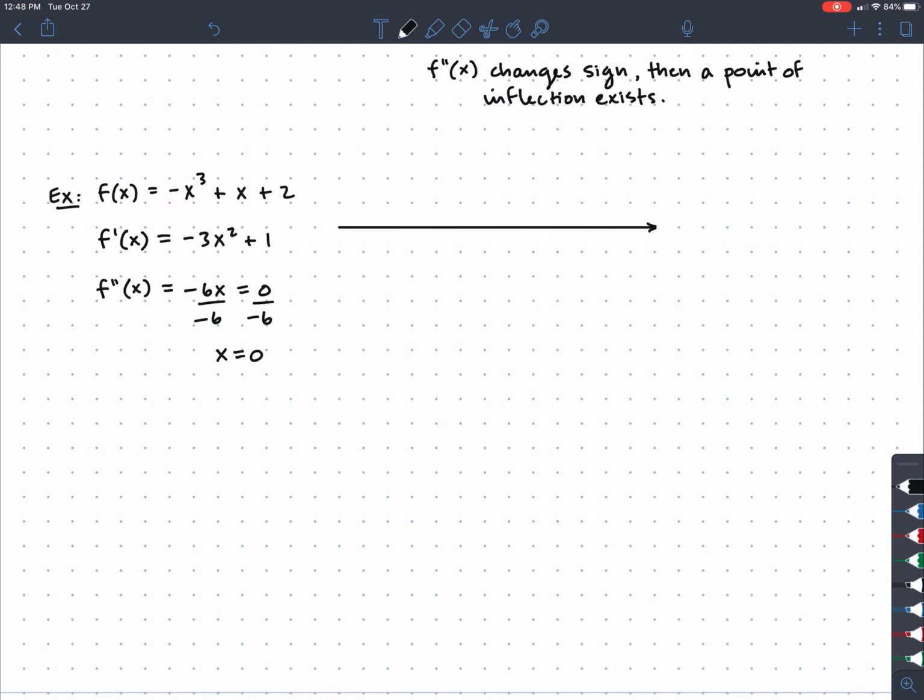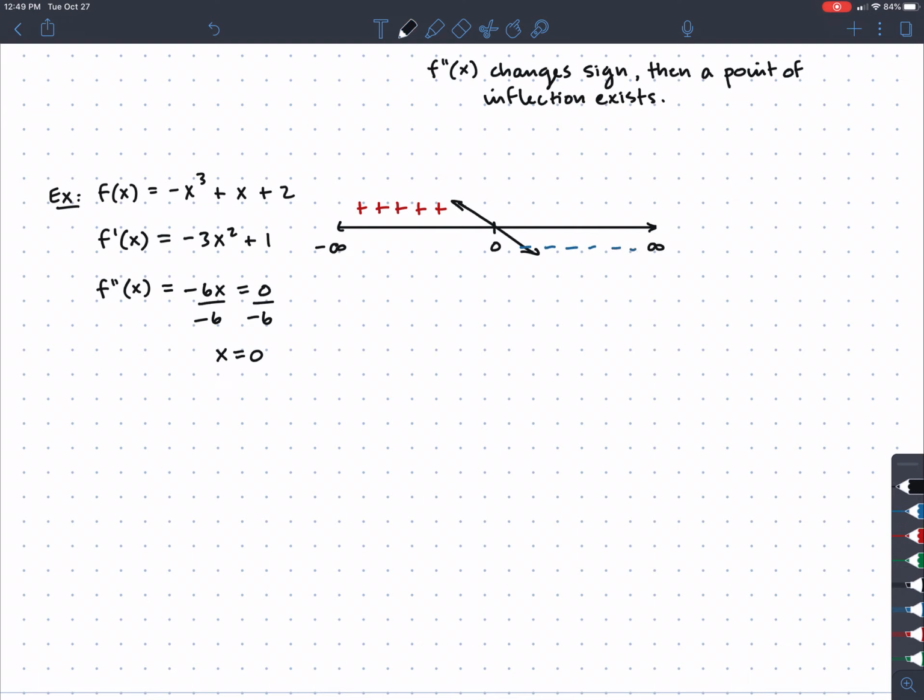So we're going to make a sign chart. And this is a line that has a negative slope, so it's going to be something like this, meaning in this interval we will be positive, and in this interval we will be negative.